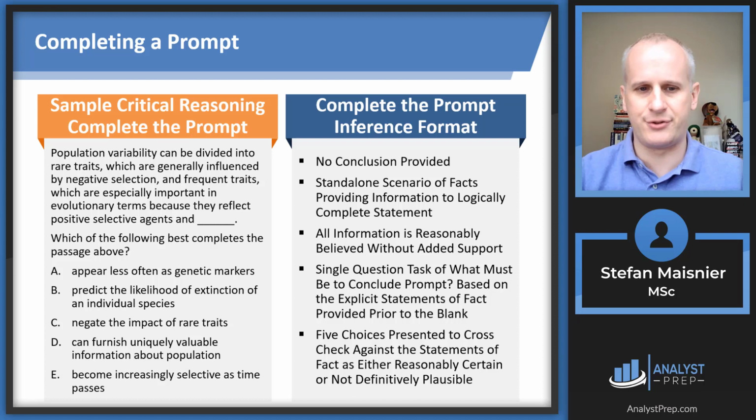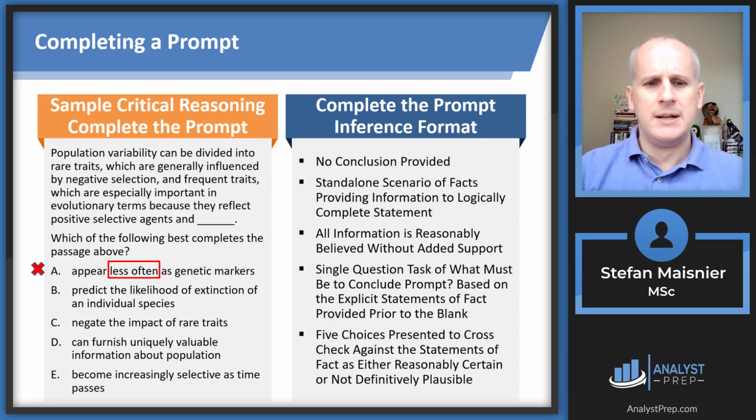So when we go to the answer choices, the first choice says, appear less often as genetic markers. Well, if they're especially important, they wouldn't be appearing less often. So that would be a reversal that we can eliminate. Predict the likelihood of extinction of an individual species. Well, we haven't actually spoken at all about extinction. This would be quantified as extreme.